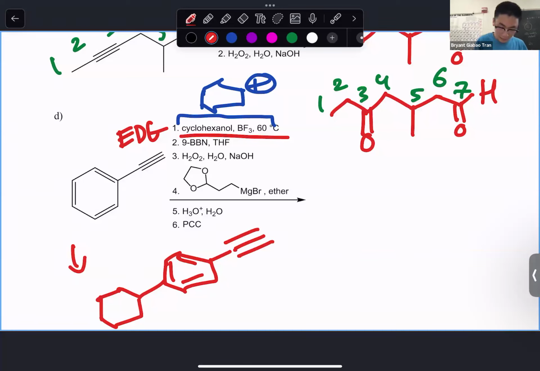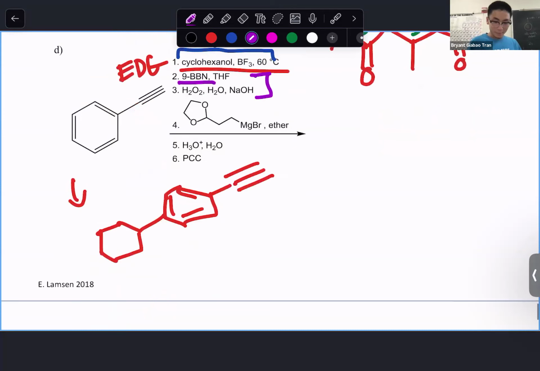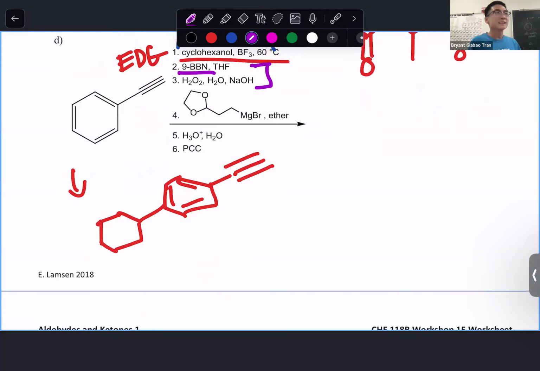Right. Now, the next 2 steps are together. They are one reaction. Think of that as R2BH, then H2O2, NaOH. Right. That is hydroboration oxidation on a terminal alkyne.